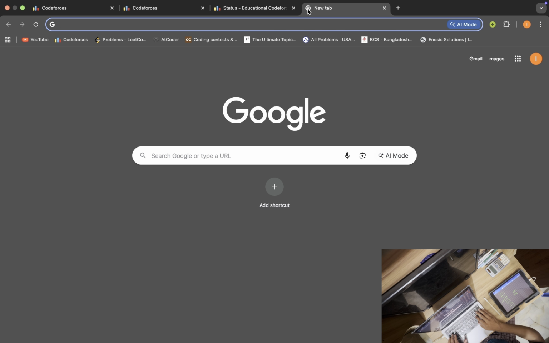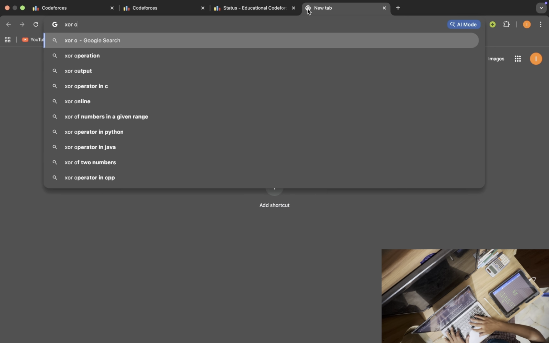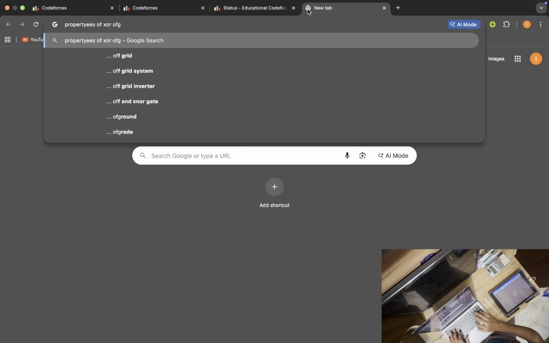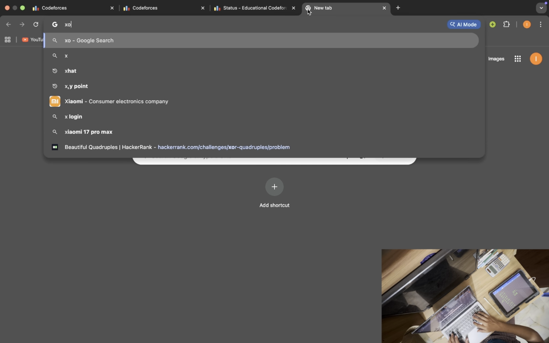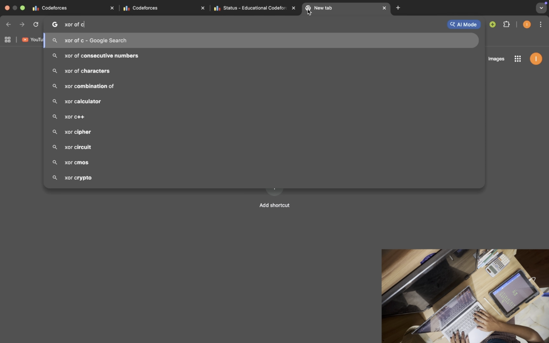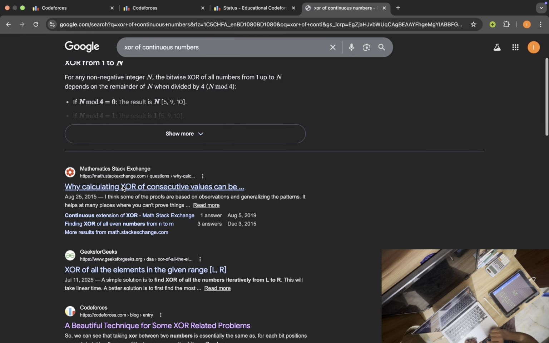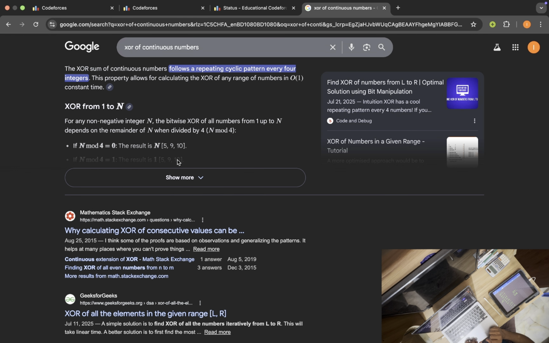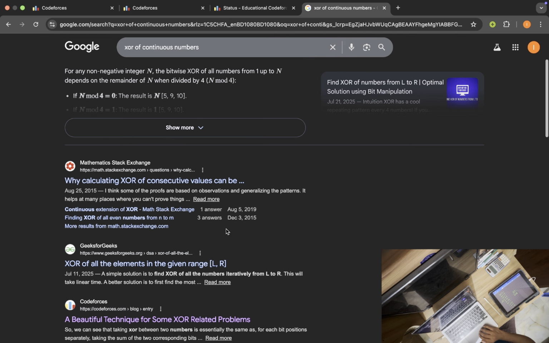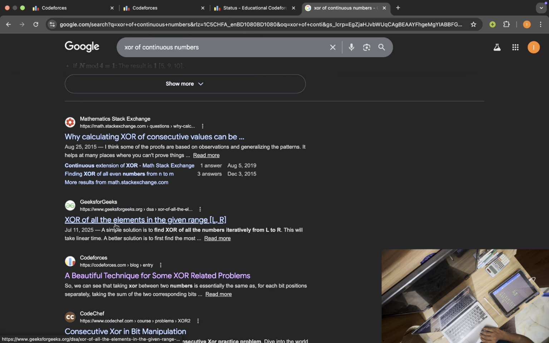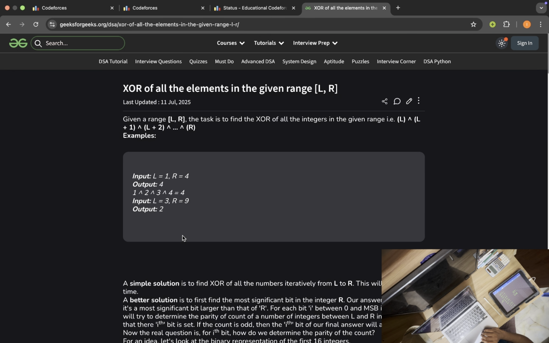XOR of a continuous sequence. XOR of all the elements in the range L R. We are given data to find the XOR of.